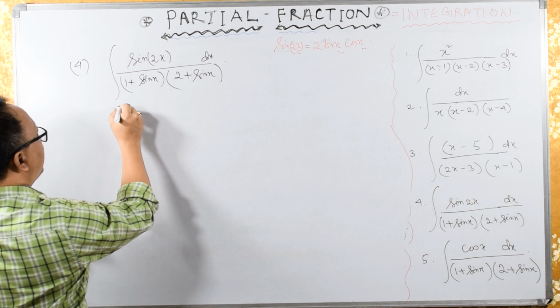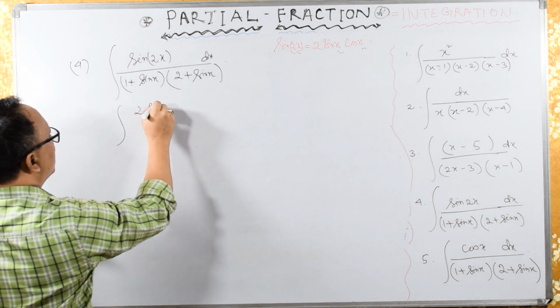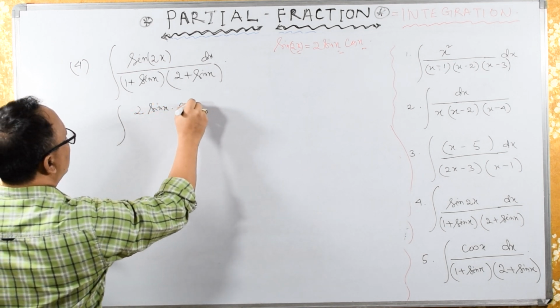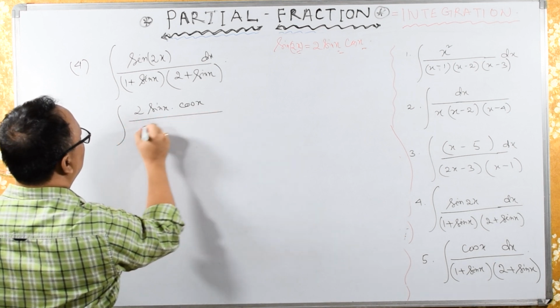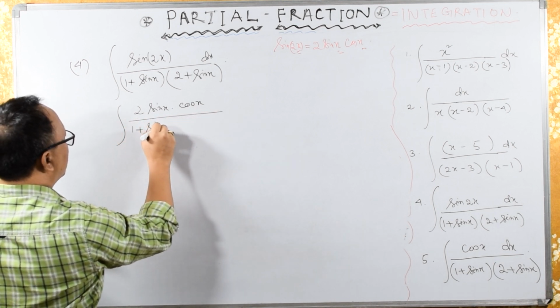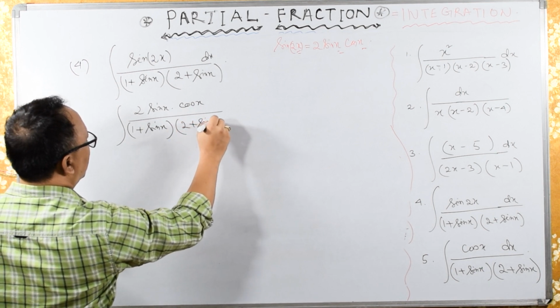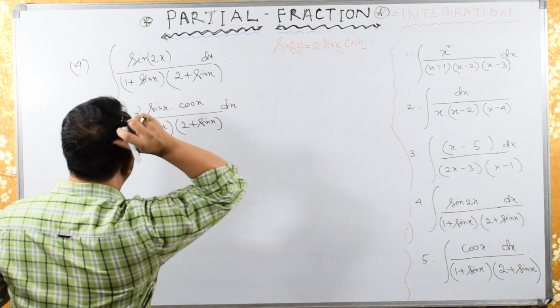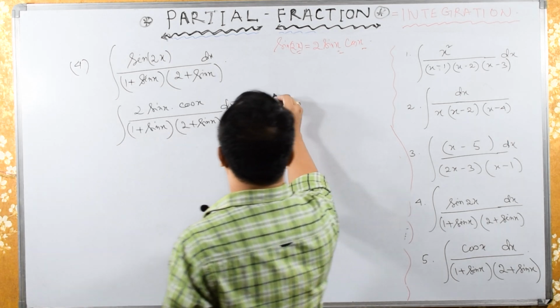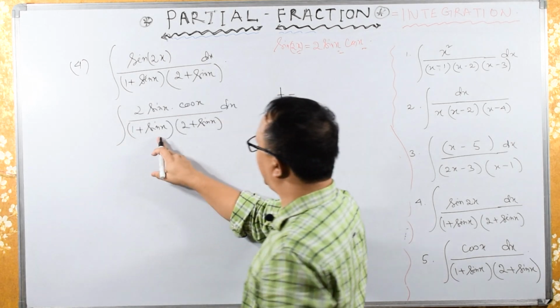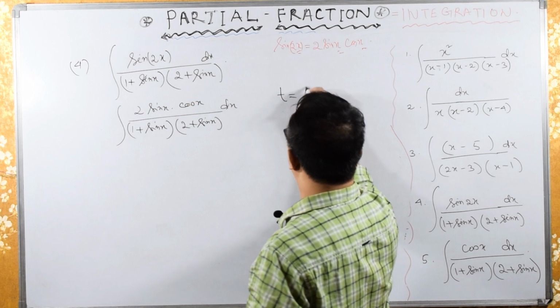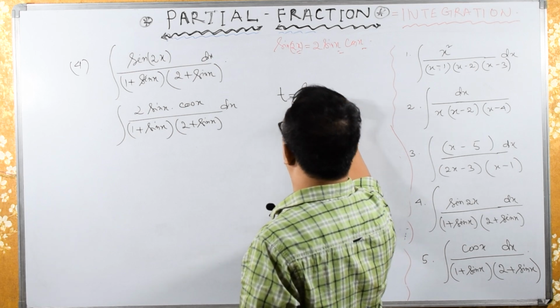Now let's see. Sine 2x is the same as 2 sine x into cos x upon 1 plus sine x into 2 plus sine x, dx. Now if I substitute t equals sine x, why am I substituting sine?